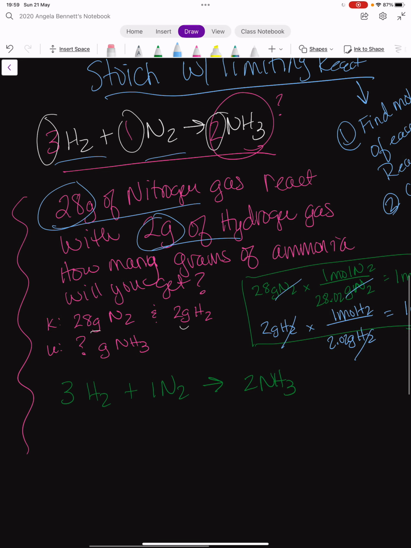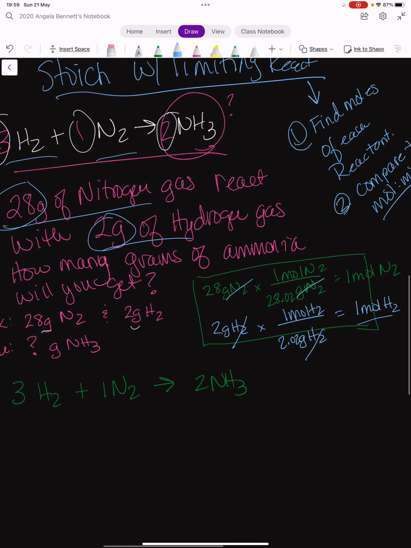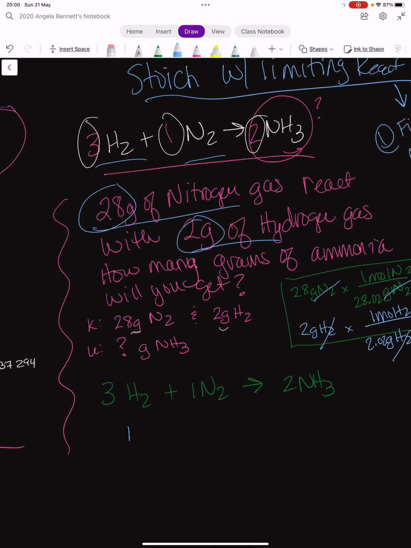So right here, I've just figured out that I have 1 mole of hydrogen and 1 mole of nitrogen. All I have to do is take this 1 mole, and I'm going to color code them to make it easier. Take the 1 mole of hydrogen and divide it by its coefficient.